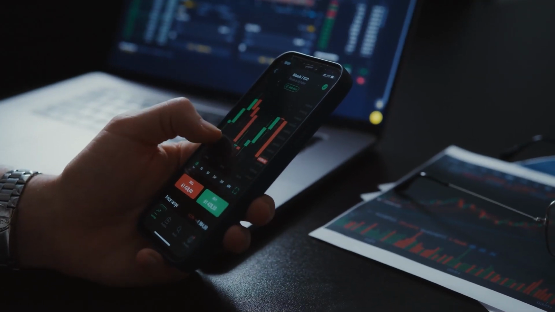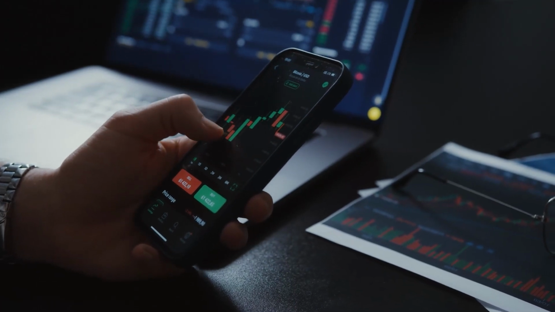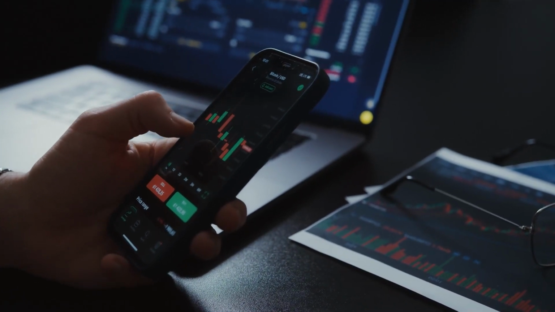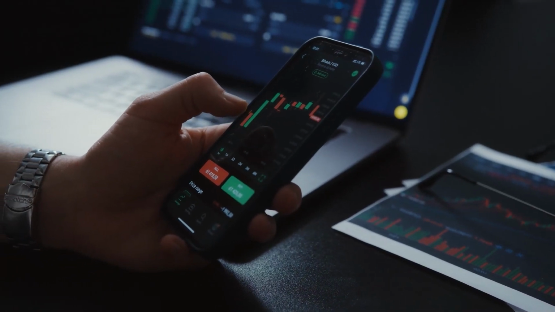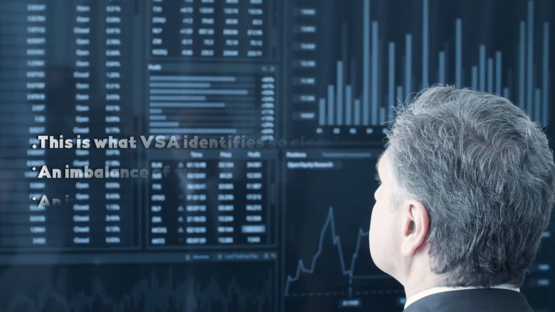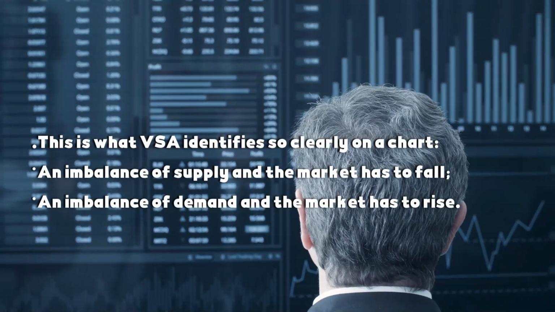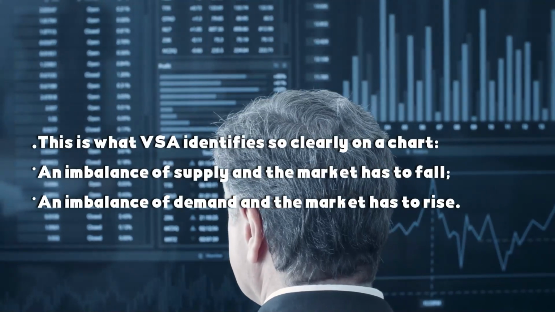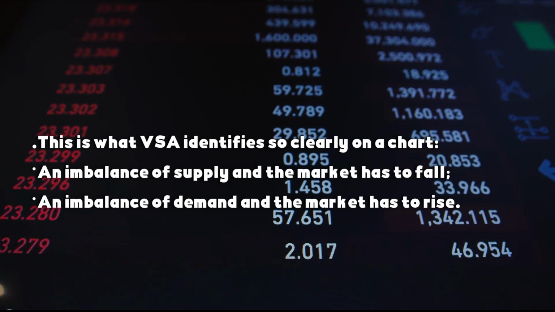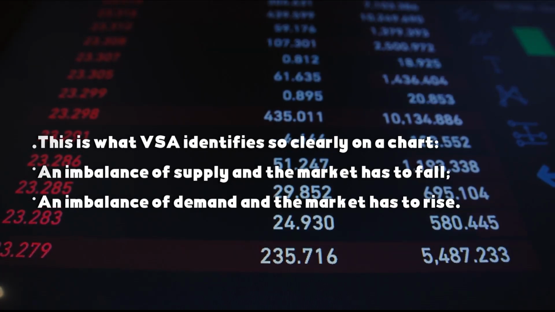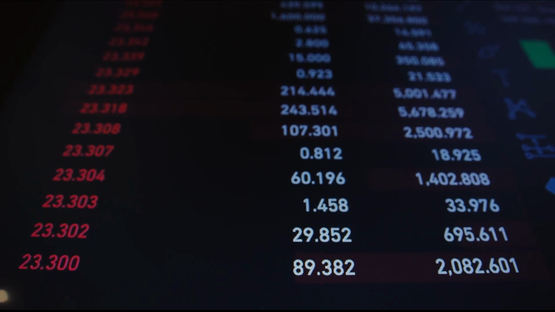Prices can suddenly go sideways or even fall off on exactly the same volume. So there are obviously other factors at work on a price chart. One is the law of supply and demand. This is what VSA identifies so clearly on a chart. An imbalance of supply and the market has to fall, an imbalance of demand and the market has to rise.